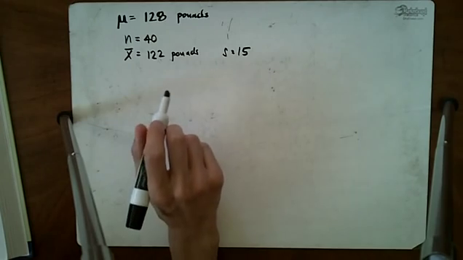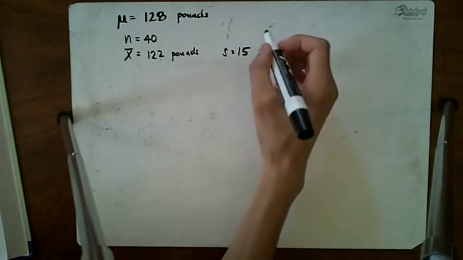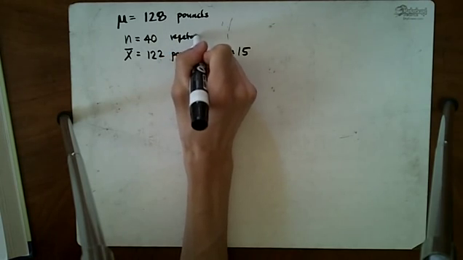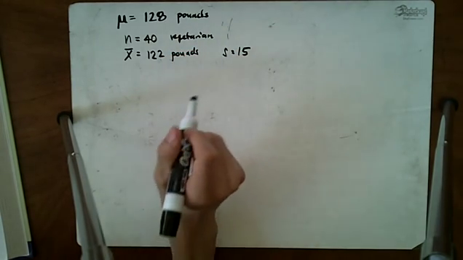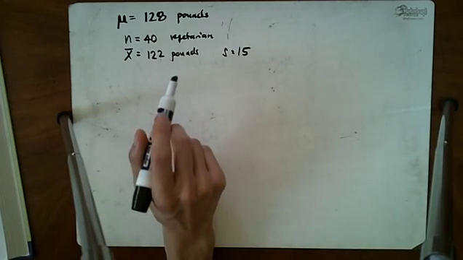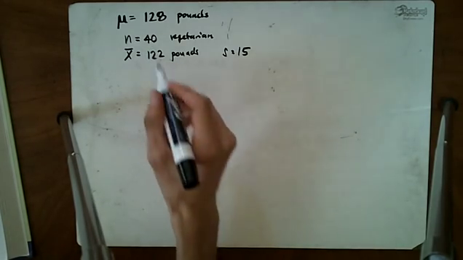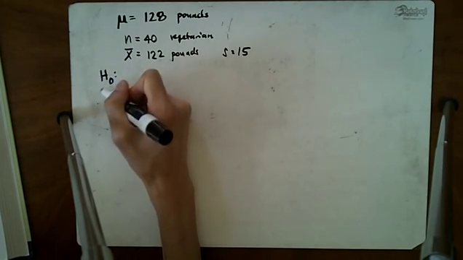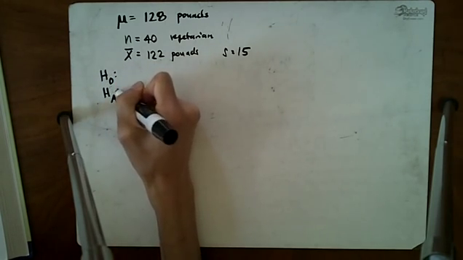And we want to know, is this evidence that the mean for the vegetarian women, because this is a sample of vegetarian women, is different from the mean of all women. So we write a null hypothesis and an alternative hypothesis.